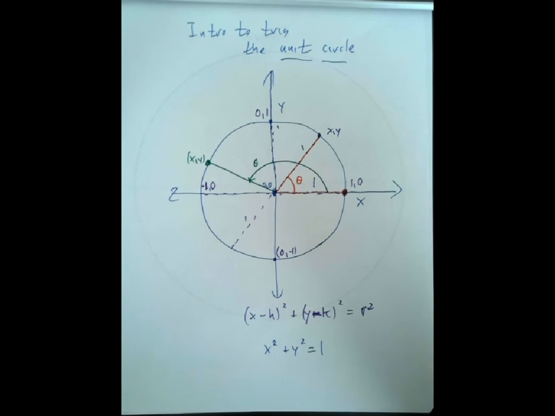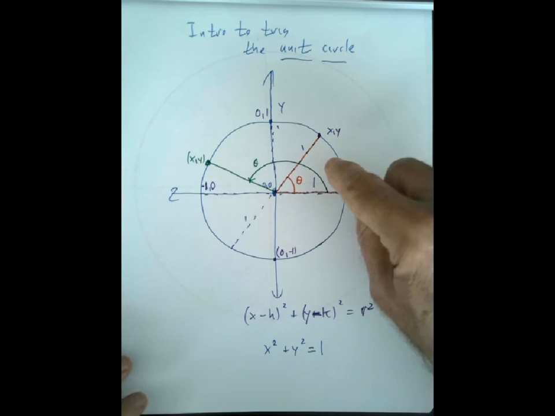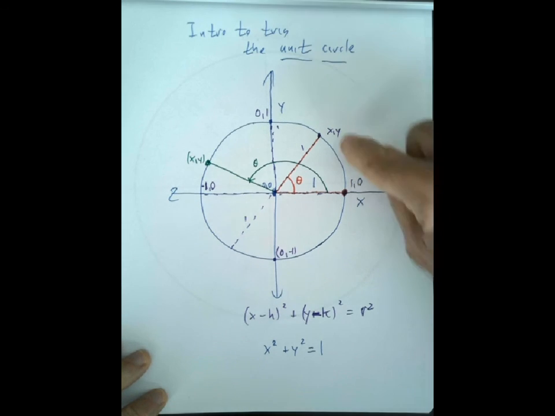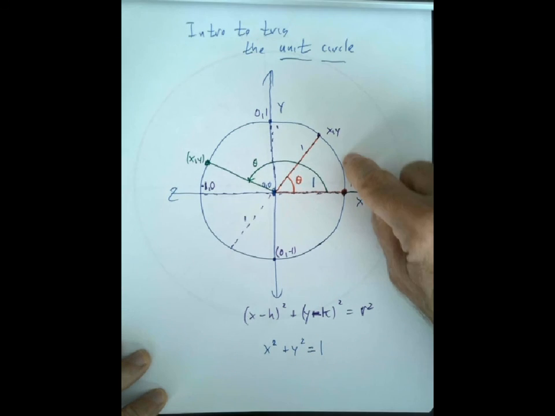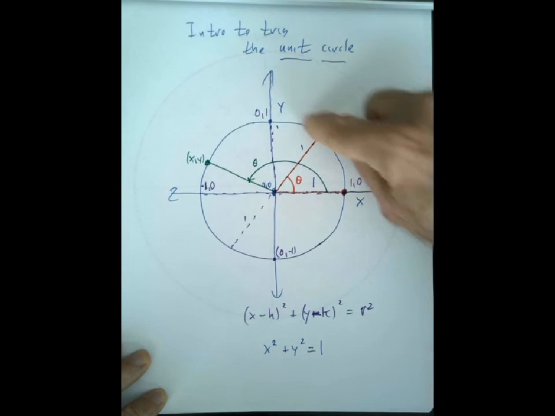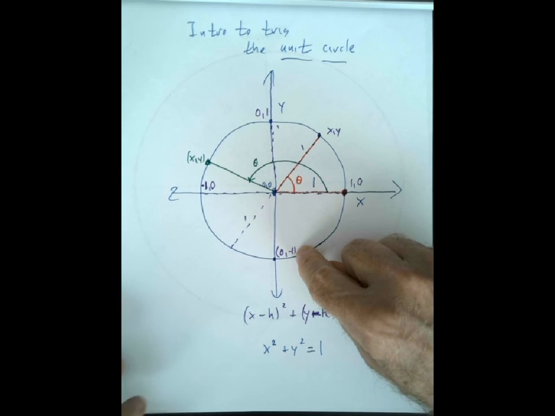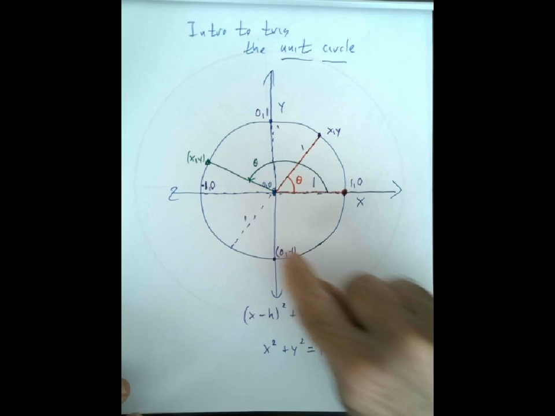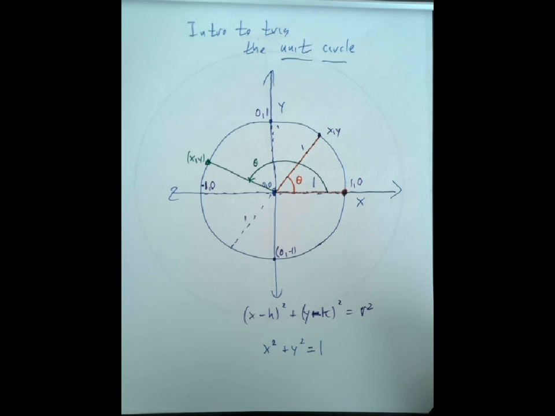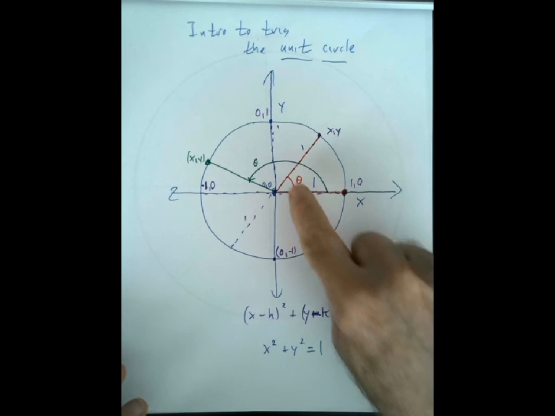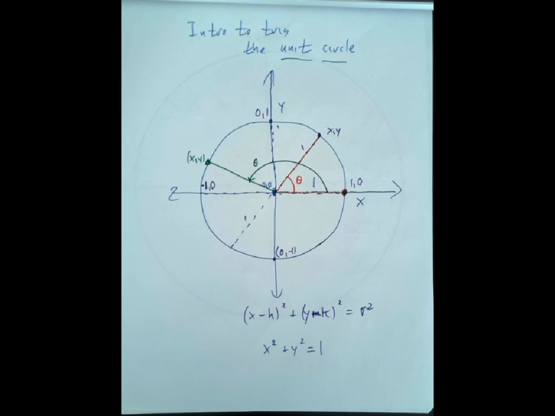Once we've done that, and we've said, well, what are these XY coordinates going to be? We know some of them: 1, 0, 0, 1, -1, 0, 0, -1. But what are some of the other XY coordinates going to be? And then we'll talk about what the corresponding angles are in terms of radians.